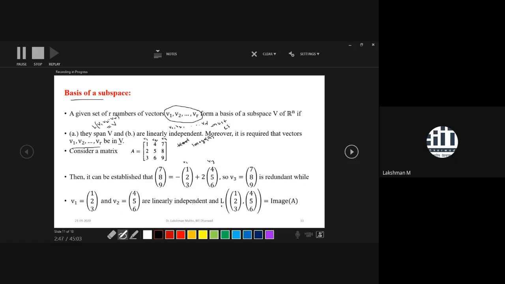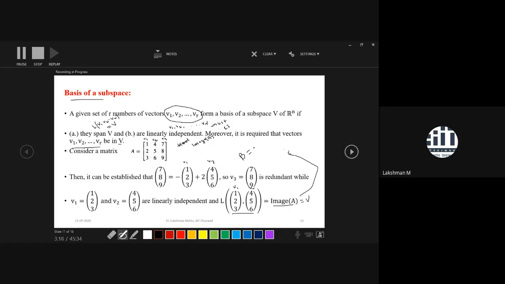So we can say that the image of A, this subspace, is the set of linear combinations of only the first two vectors, V1 and V2. That means it is the linear span of V1 and V2. So what does it mean? This image of A has a basis. The basis has only two elements, two vectors among three.